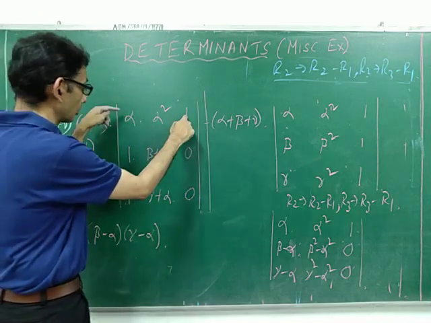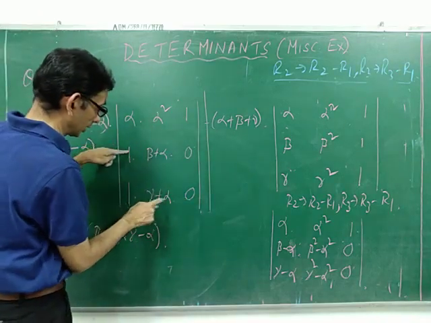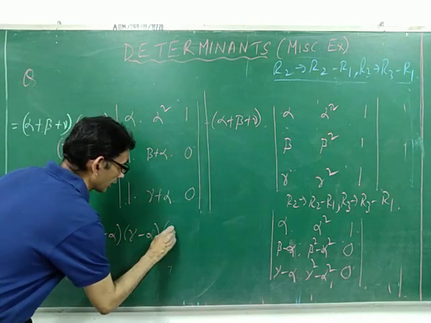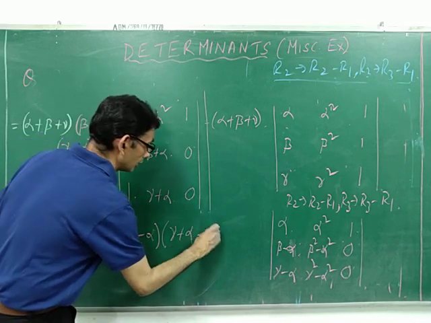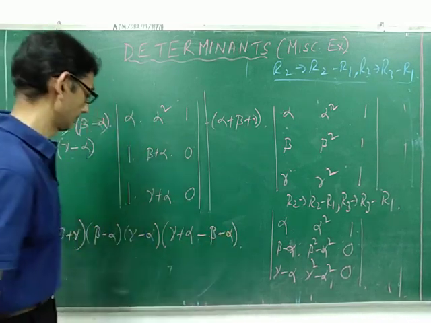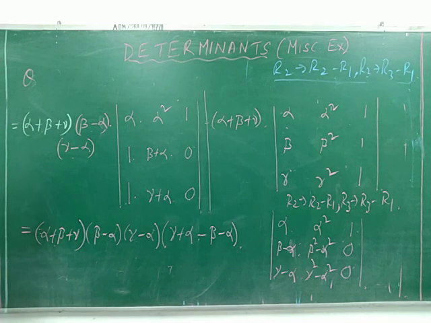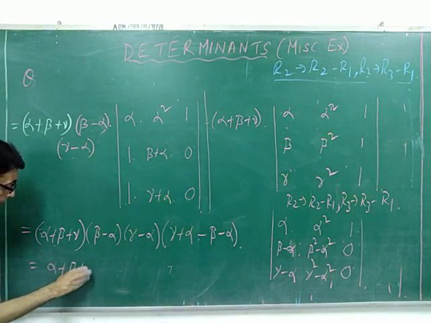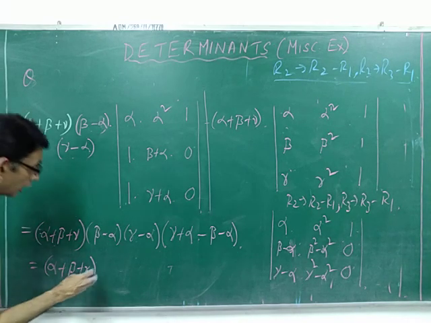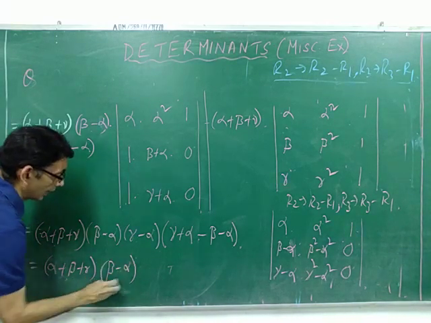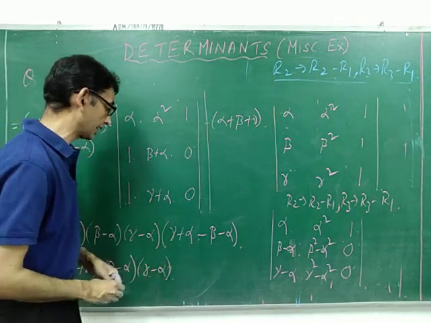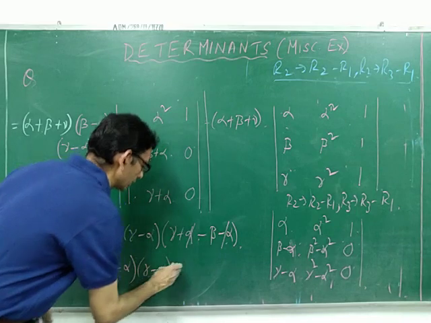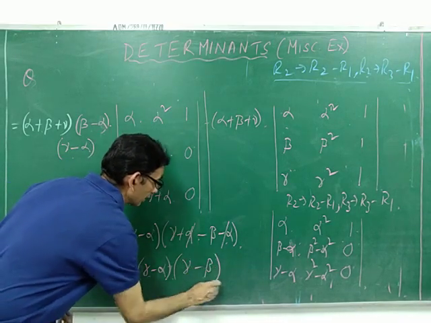If we expand along 1, we need to multiply 1 by gamma plus alpha, so it will be gamma plus alpha minus beta minus alpha, right? So finally you get this expression equal to alpha plus beta plus gamma, beta minus alpha, gamma minus alpha, and here alpha cancels out, so this is gamma minus beta.